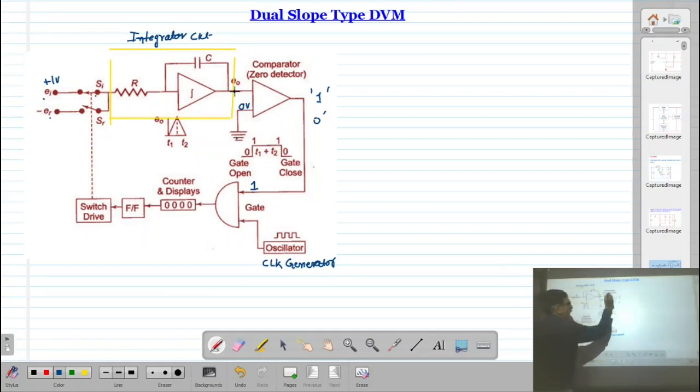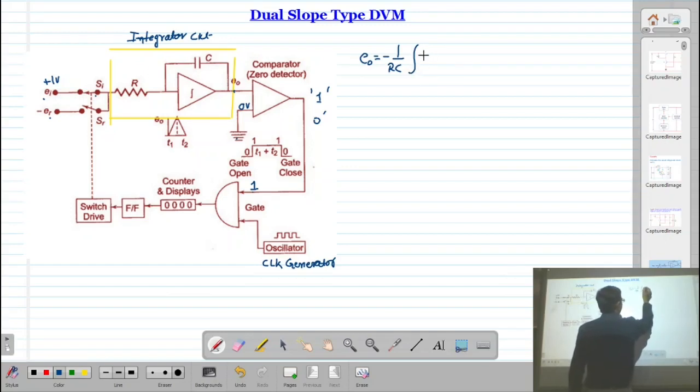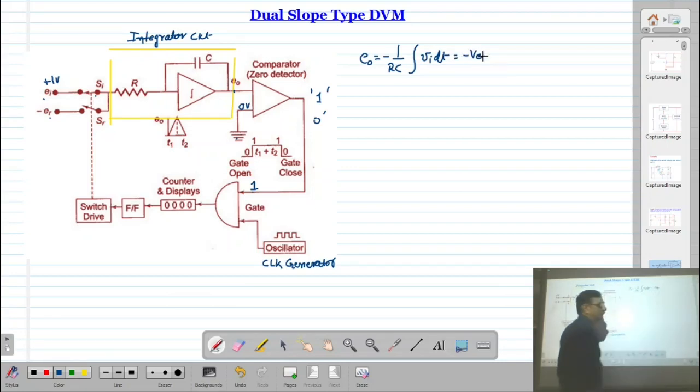Therefore the output voltage of this integrator comes out to be minus 1 upon RC, integration from 0 to T1, VI dt, and this will be a negative voltage. So this negative voltage is continuously increasing with time. Correct? And here it is going to be compared with zero.